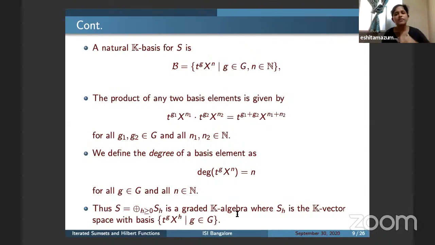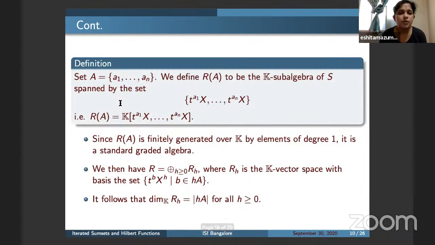Now we have the finite set A. So let A be a set containing the elements a1, a2 up to an.